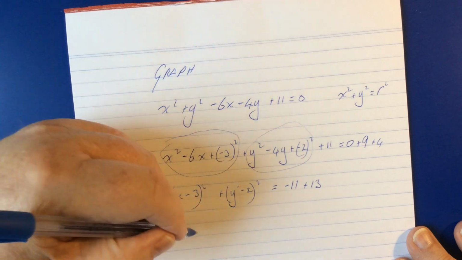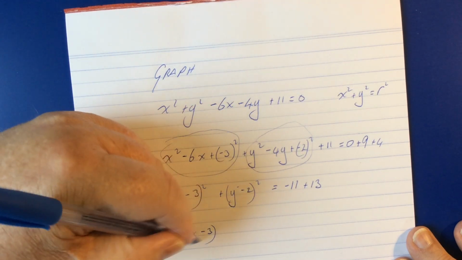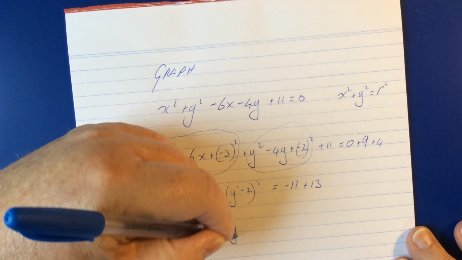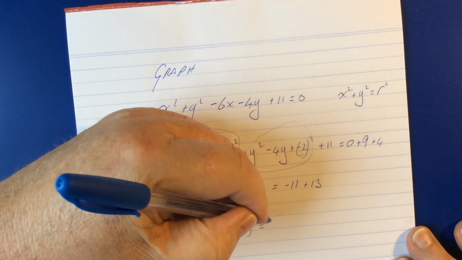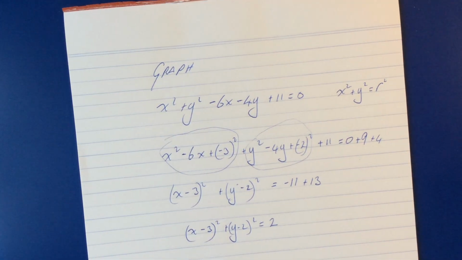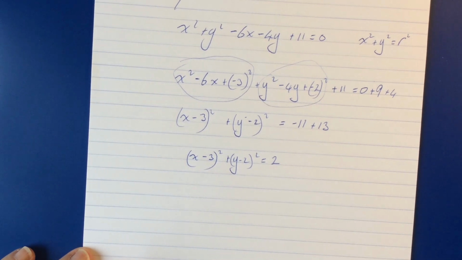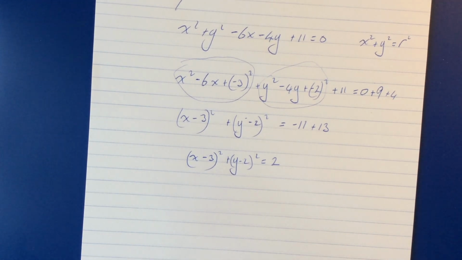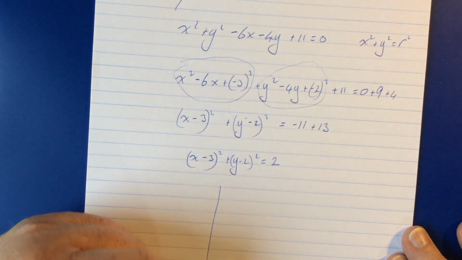So let's get this completely tidied up. -11 and 13 is 2. Right, so what have we got here, and what can we get from this in terms of a graph?